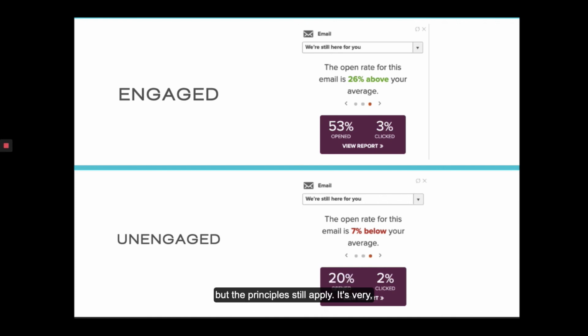But the principles still apply. It's very, very important to continue to split these groups out and monitor them. Because really, as I said before, if you continue to bombard your unengaged group, it's not going to help your sender reputation at all if no one is opening or clicking, engaging with your content. So I hope those examples have helped.